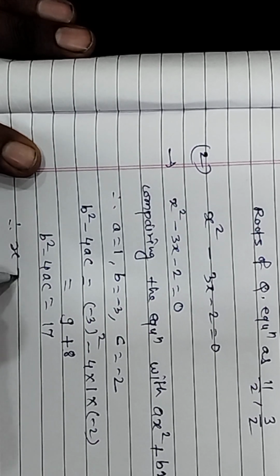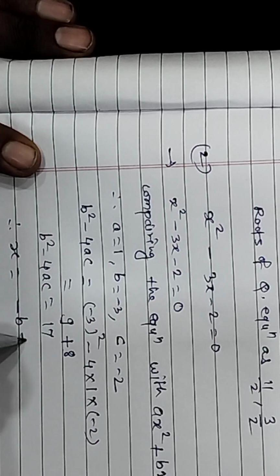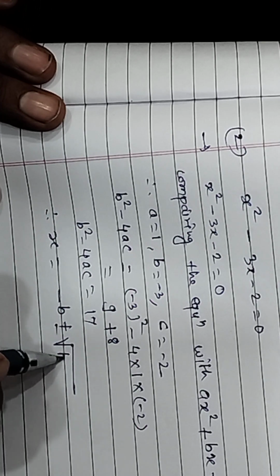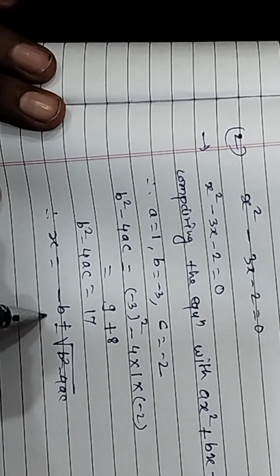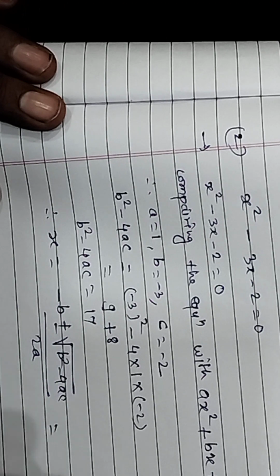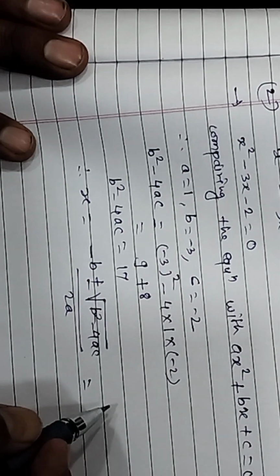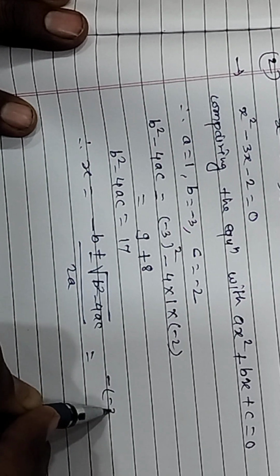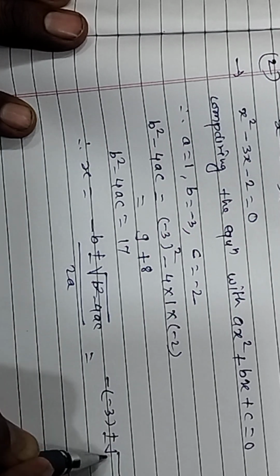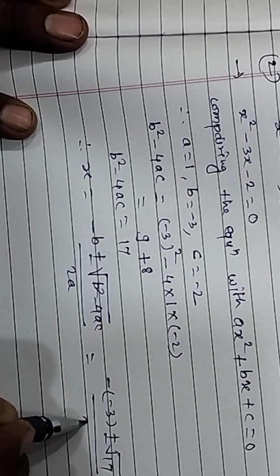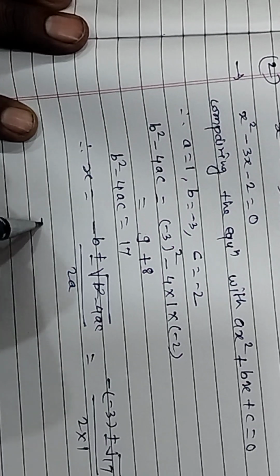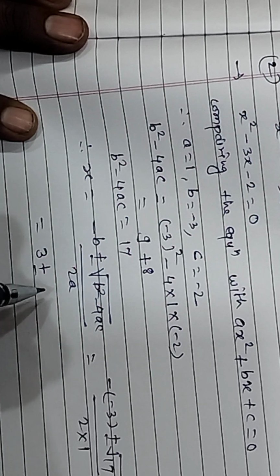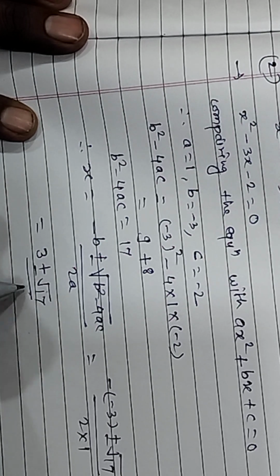The value of x is equal to, write the formula, minus b plus minus square root of b square minus 4ac upon 2a. Here we write minus value of b, which is minus 3, plus minus square root of 17 upon 2 into 1, is equal to 3 plus minus square root of 17 upon 2.